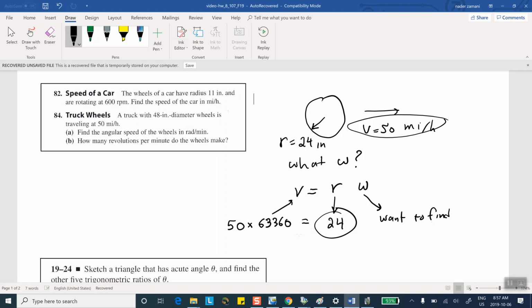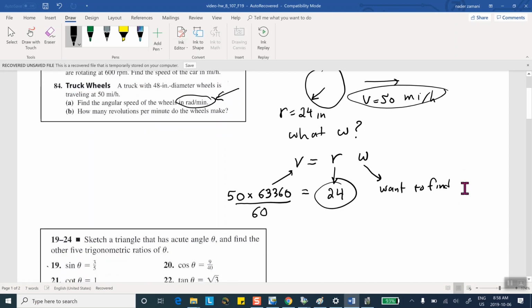And there's nothing wrong with it. It's just that what we are asked to do is radians per minute. So this number right now is inches per hour. To turn it into inches per minute, so that I don't do the conversion again, I'm going to divide by 60 because there's 60 minutes in 1 hour.